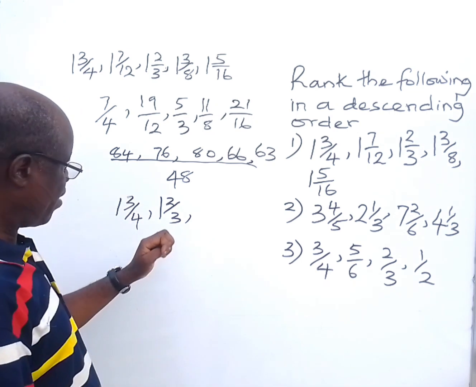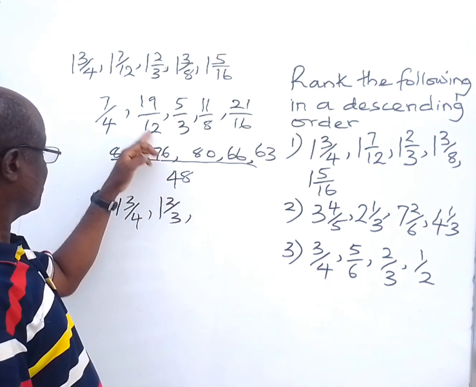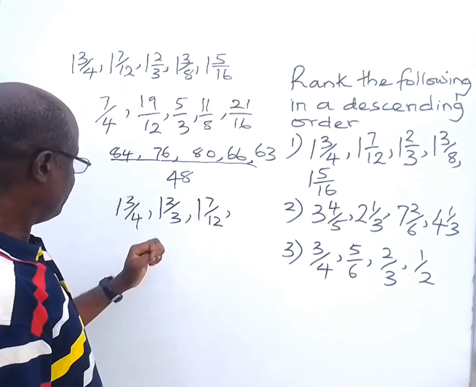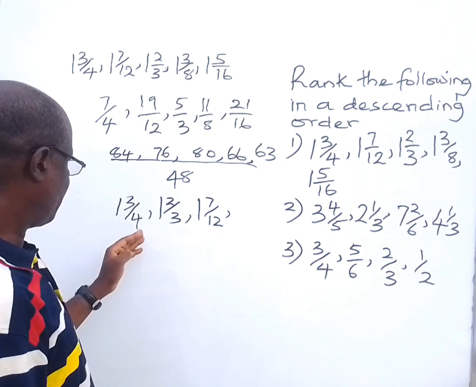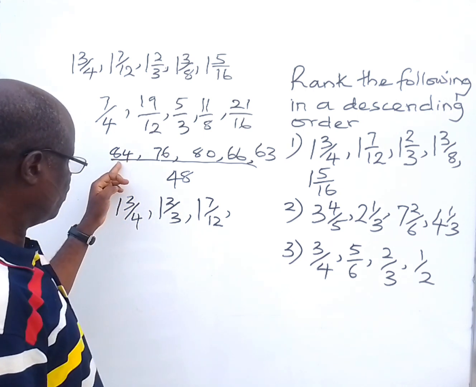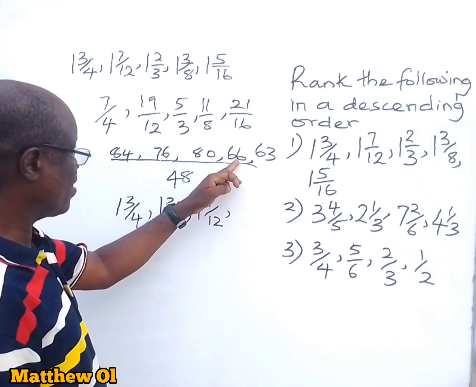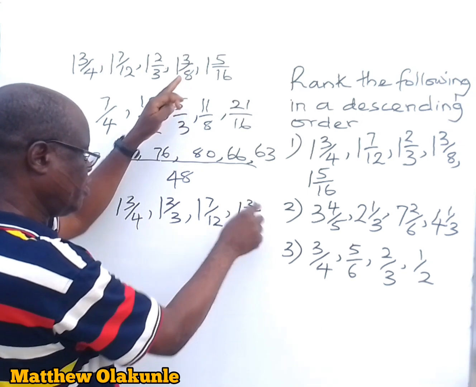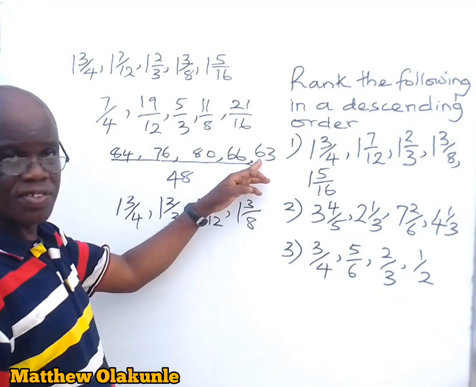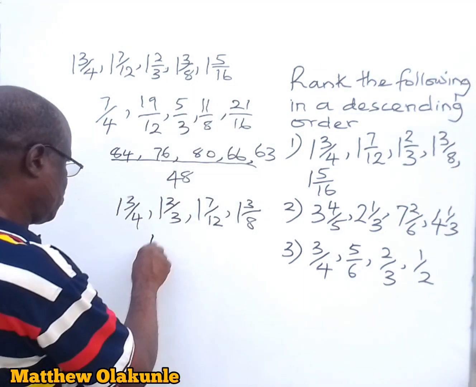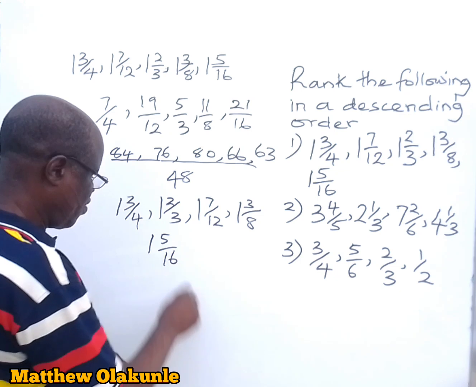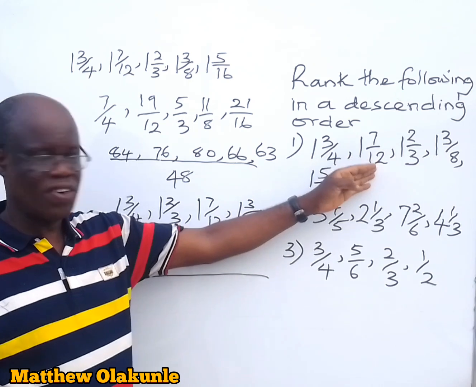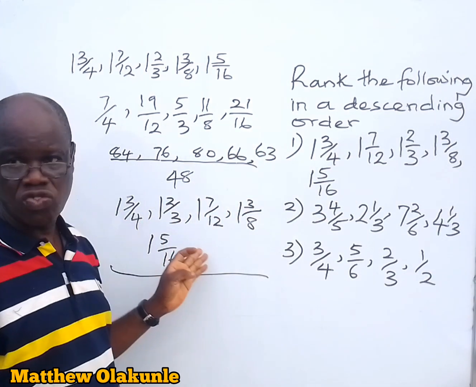Then you have 76, which is 1, 7 over 12. Then what is the next? We have 84, 80, 76. The next one is 66, which is 1 whole number, 3 over 8. And then the last one is 63, which is 1, 5 over 16. So this is the arrangement. By writing this, you have ranked these fractions from the biggest to the smallest.